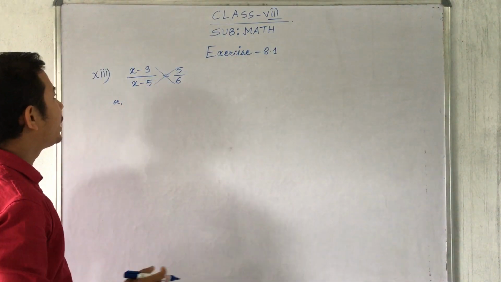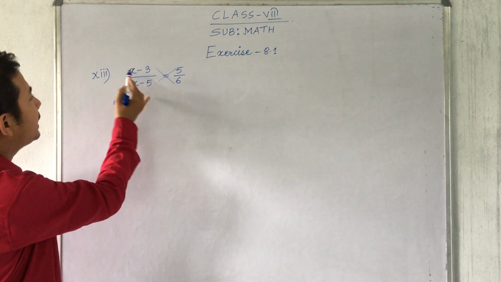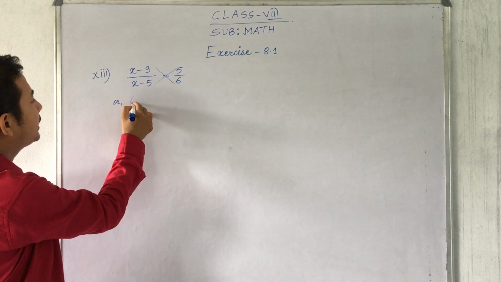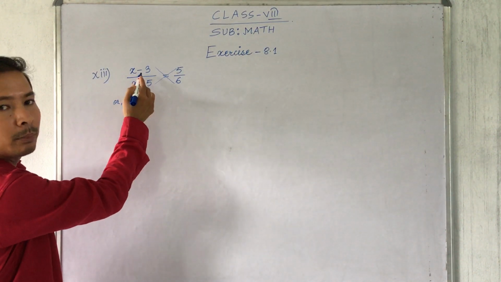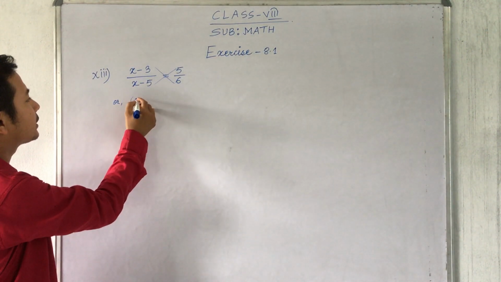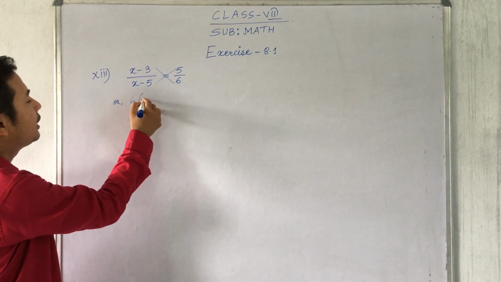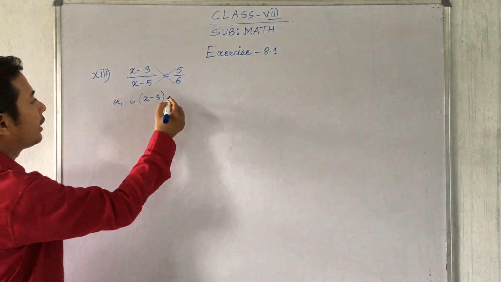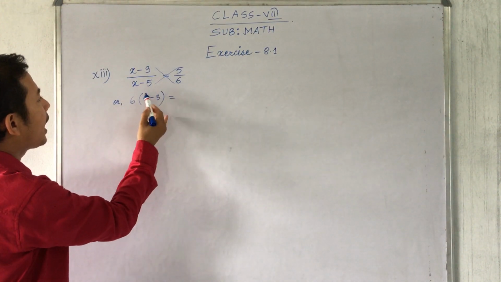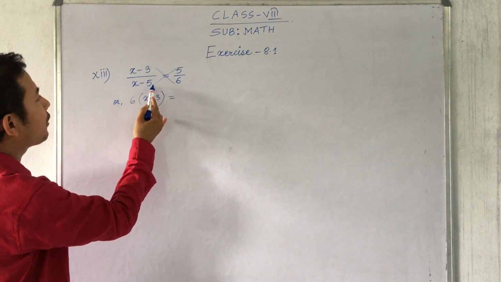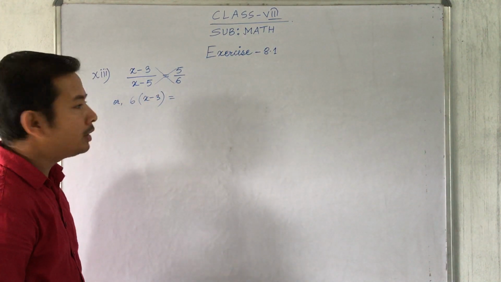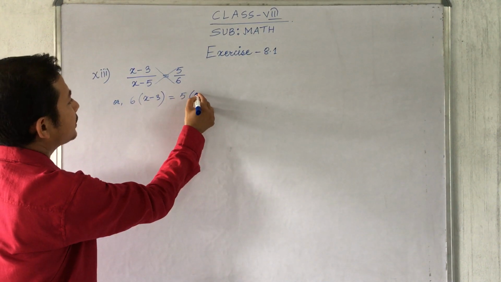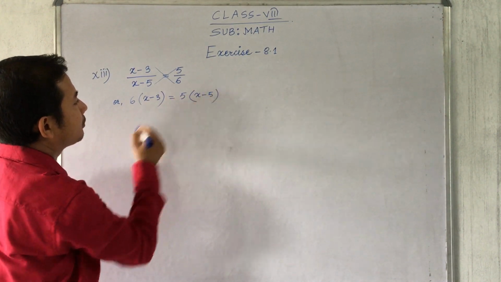Understood? Look at here. First of all I am writing this way: 6 into (x minus 3), because x minus 3 is multiplying by 6. Equal to, now I am going to multiply x minus 5 by 5, so 5 into (x minus 5).